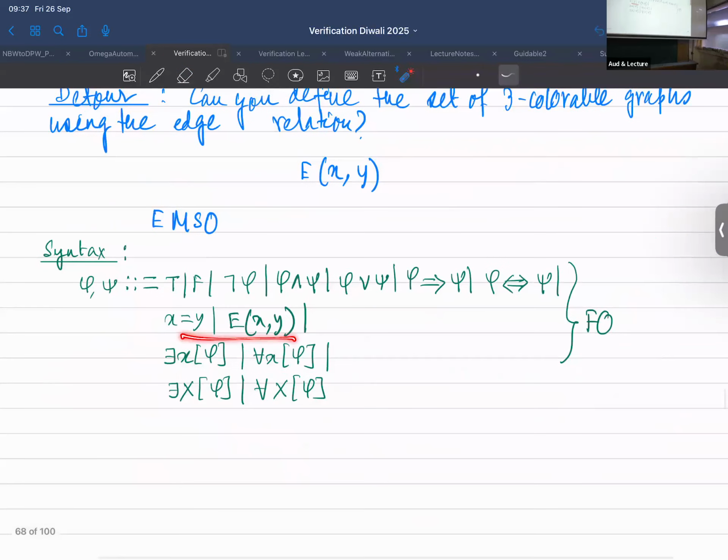The formula should consist of these atoms, and then Boolean connectives and quantifiers, first order and second order. Something which is not part of this syntax should not come in the formula.